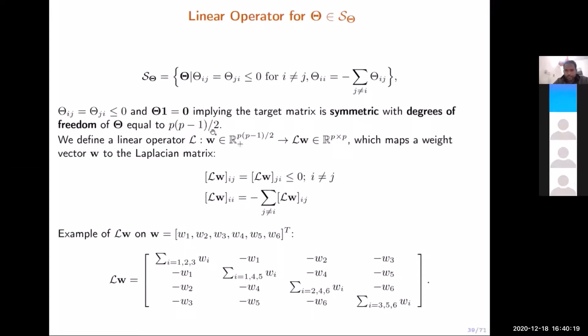In this matrix, we should only be bothered about the upper diagonal elements.